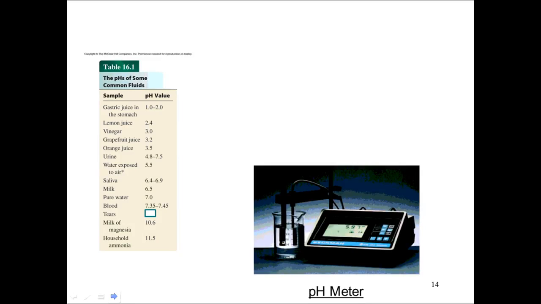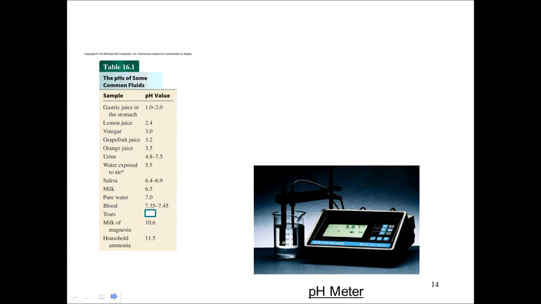On slide 14 then, here's our table 16.1, which has the pHs of some common fluids. Gastric juice in the stomach. If you knew this, that your stomach has very, very acidic conditions. Gastric juice can be 1 to 2 for a pH value. Lemon juice, 2.4. Vinegar is going to be 3.0.